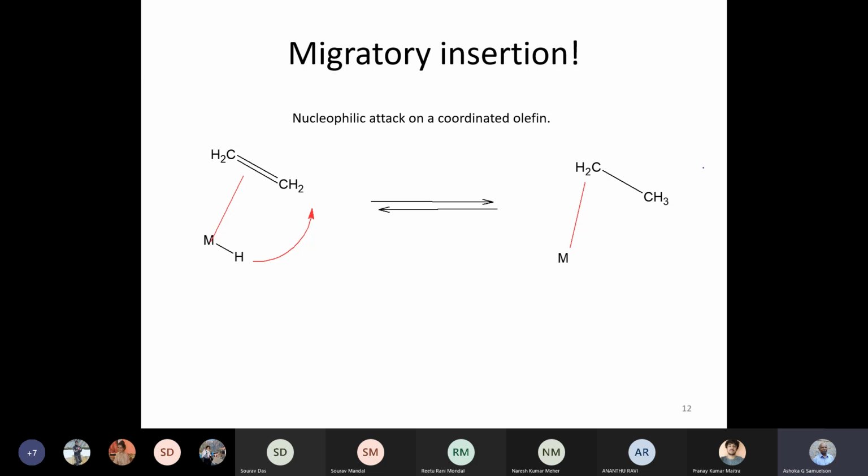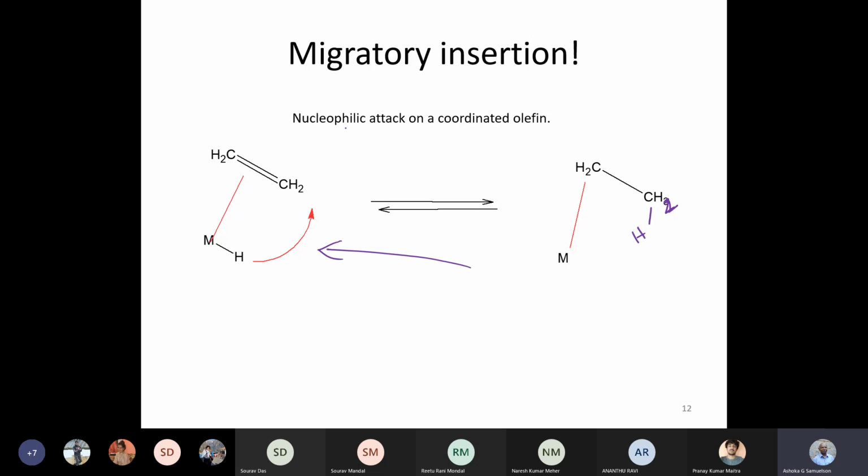So the migratory insertion that you see is nothing but the reverse of the beta hydride elimination. If the beta hydride elimination of one of these hydrogens happens, then you would end up with the alkene hydride complex.